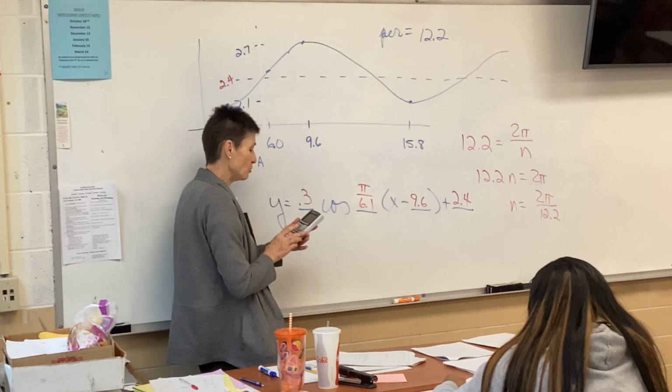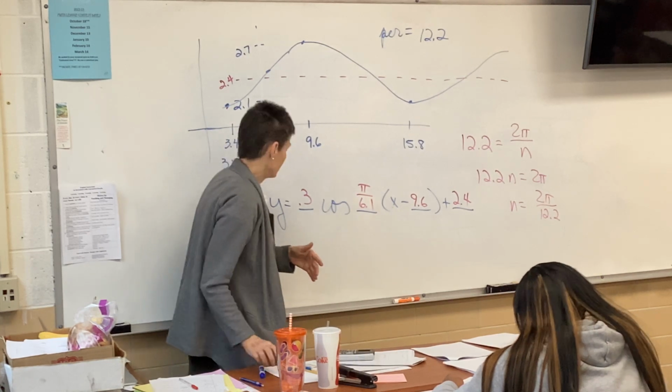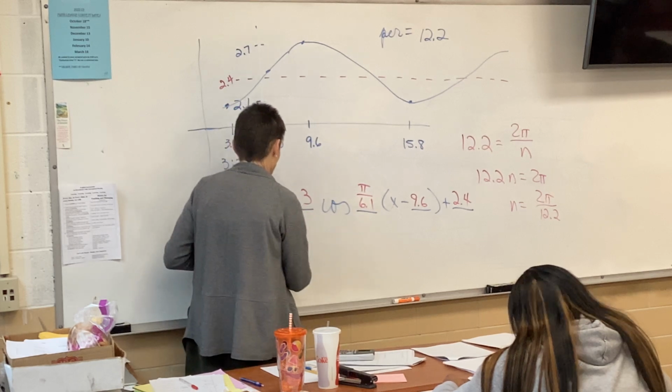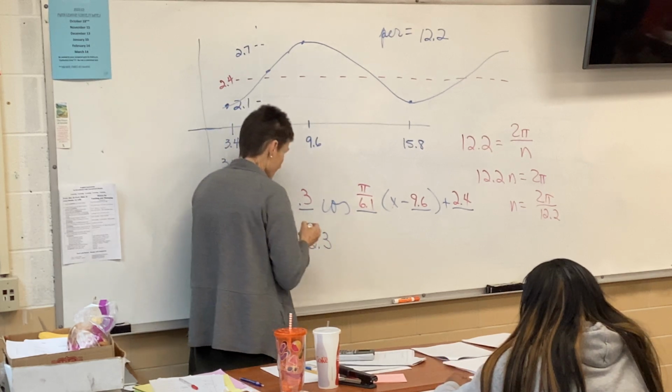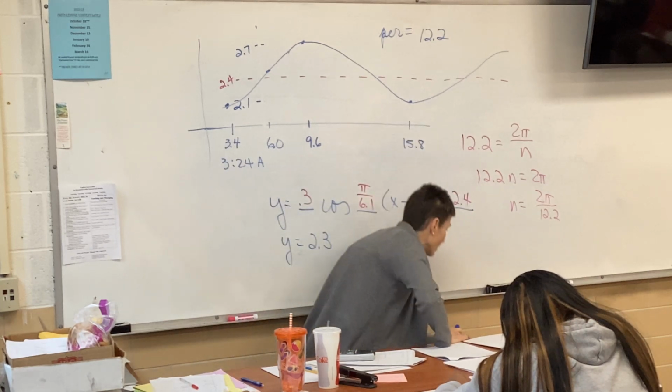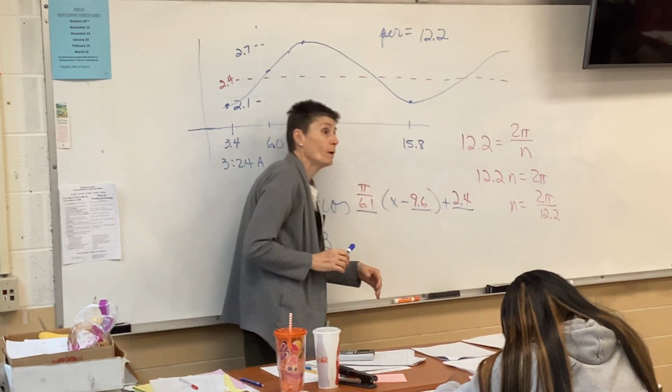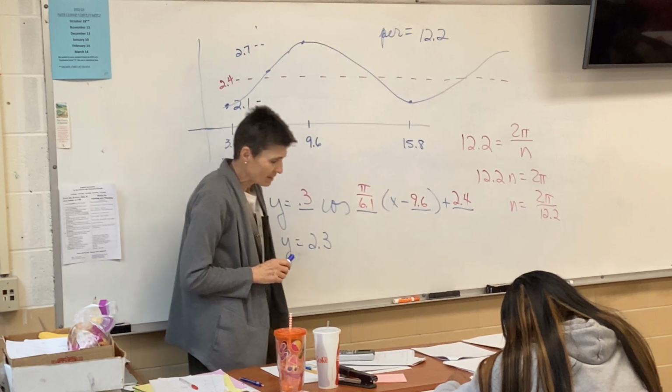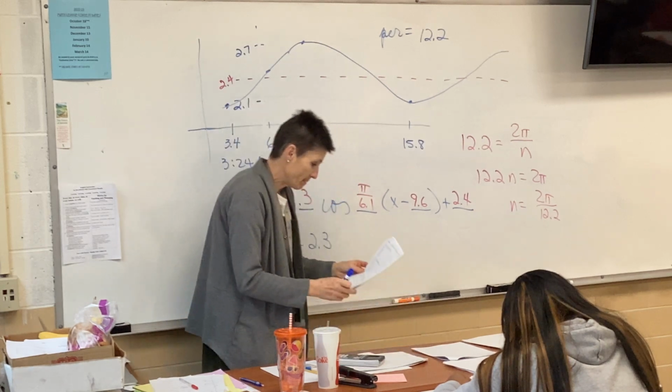Did you get about 2.3? So what does that mean? At 6 a.m., the water was 2.3 meters deep, whatever it is, meters deep.